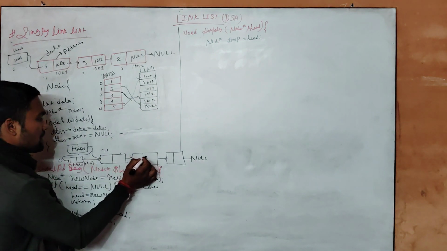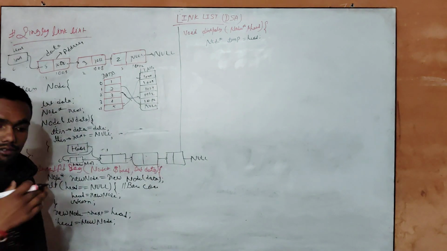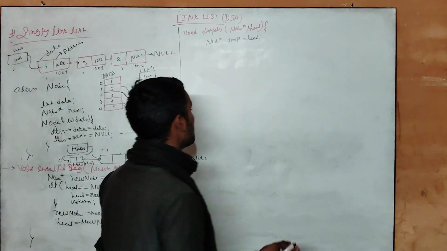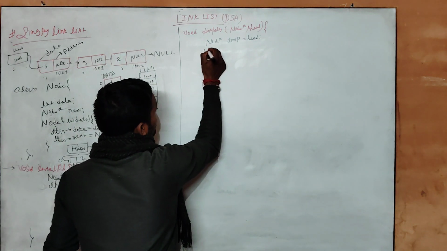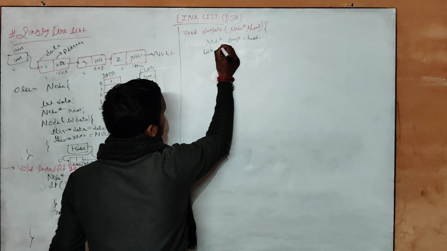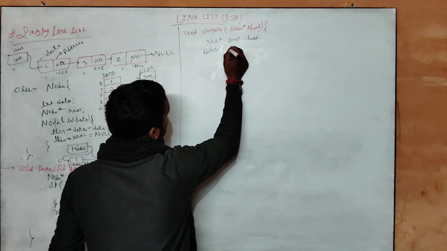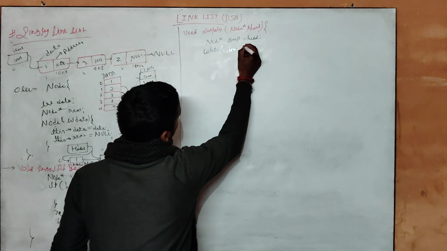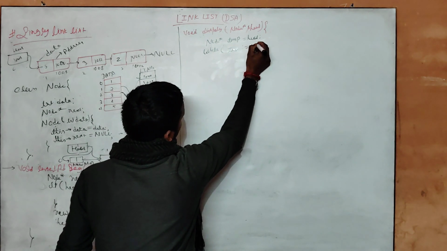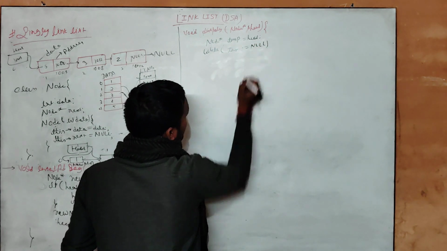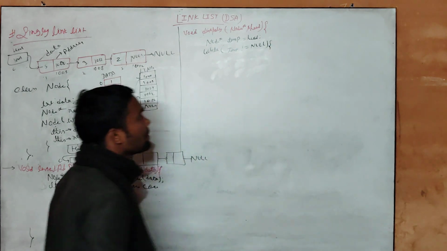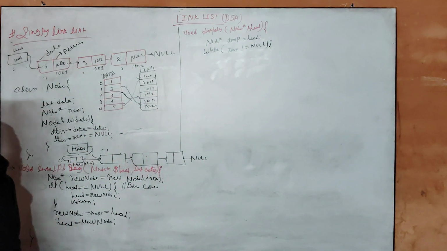Then how can we traverse? First I am writing a while loop: temp not equal to null. It works until temp is not equal to null.